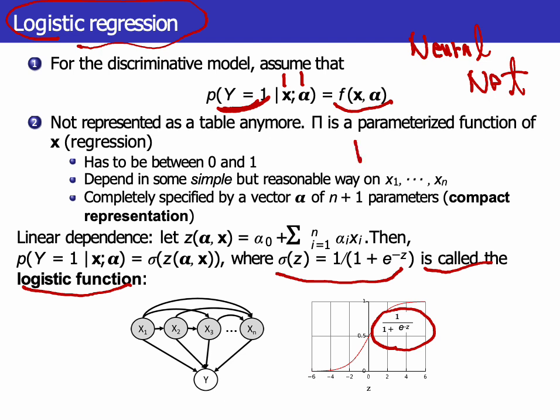So in a DAG model, we represented them as a table, a probability table.